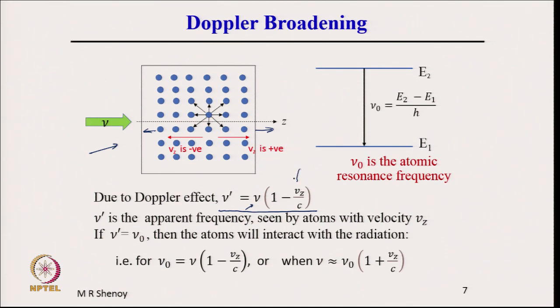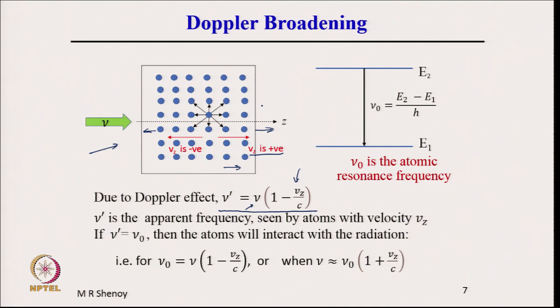Note that Vz is taken with sign; Vz has negative and positive components. Atoms moving in this direction have Vz positive, as shown here by the red arrow, and those moving opposite have Vz negative.